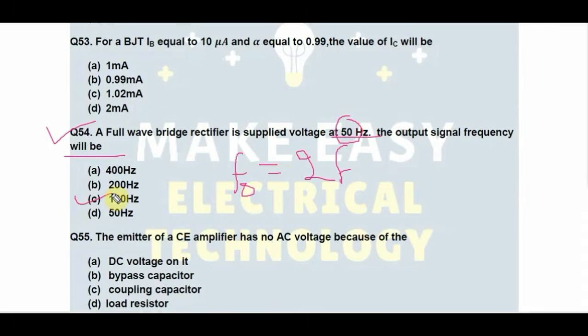So option C is the correct answer. In the next question, the emitter of a CE, that is common emitter amplifier, has no AC voltage because it has a bypass capacitor. So option B is the correct answer.